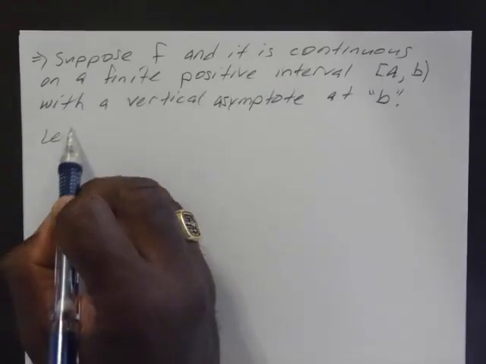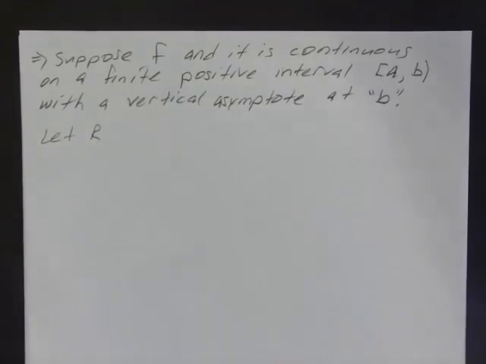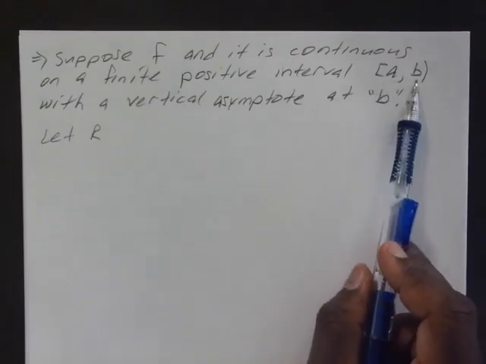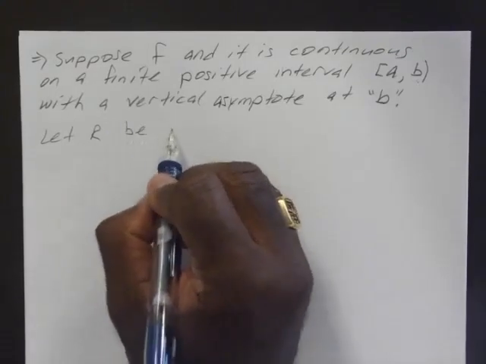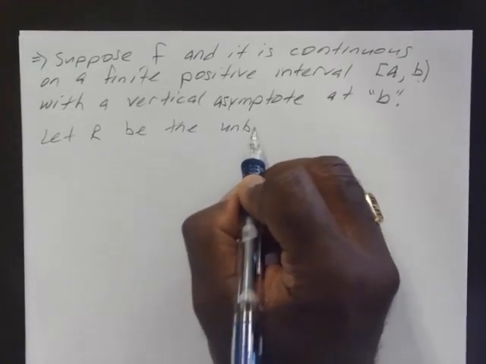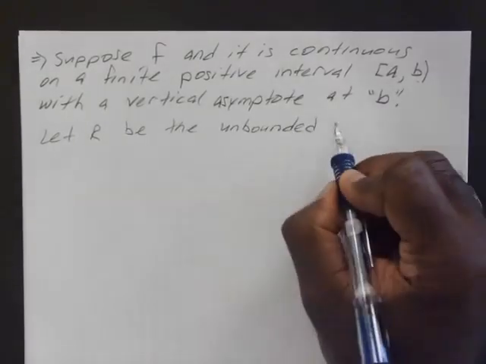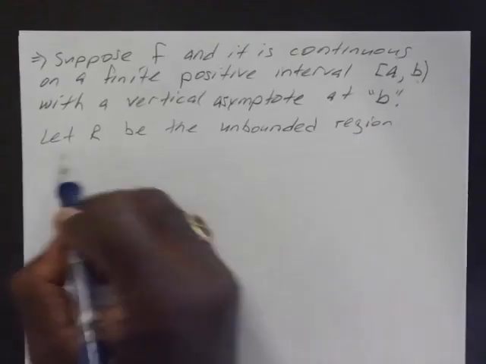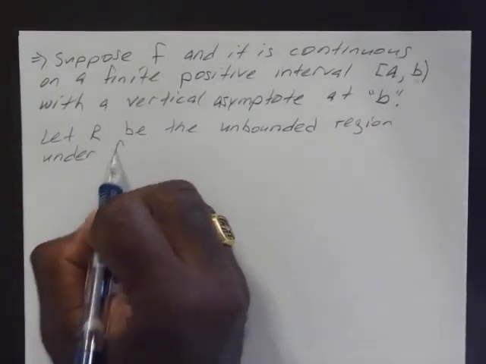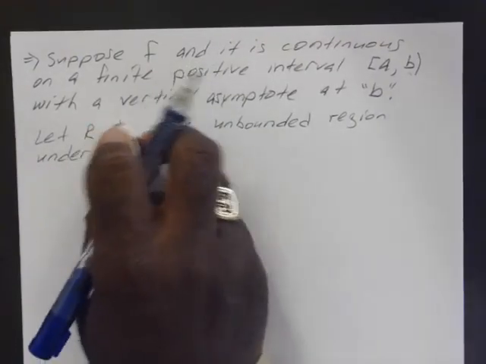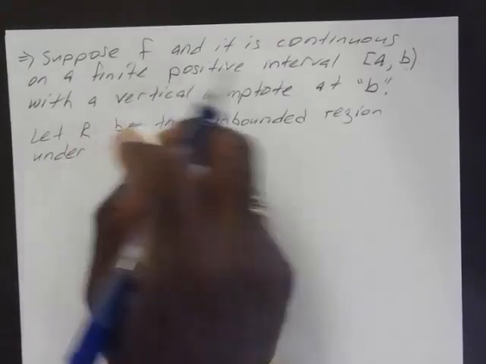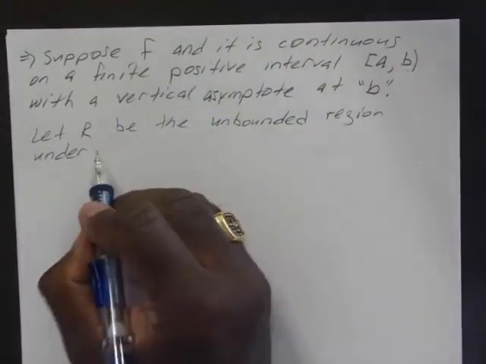Okay, so what if we let R represent the unbounded region under the function to the right of x equal A and to the left of our vertical asymptote B? Let R be the unbounded region under the graph of f, because we don't know if it's f of x.